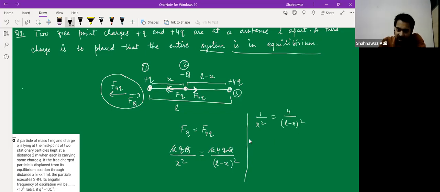So let us take this here. (L minus X) squared is 4X squared, and take the square root on both sides. So L minus X is plus or minus 2X.